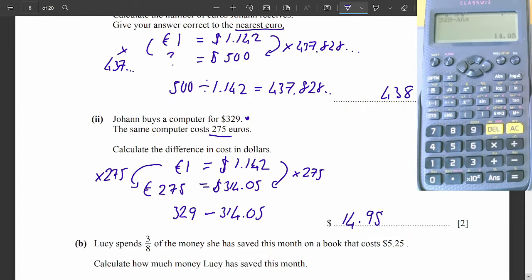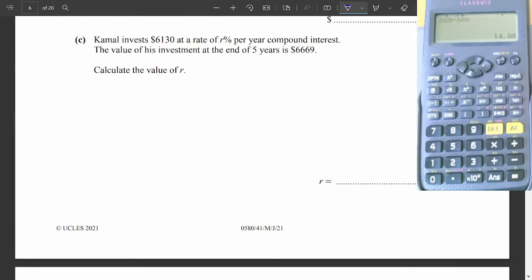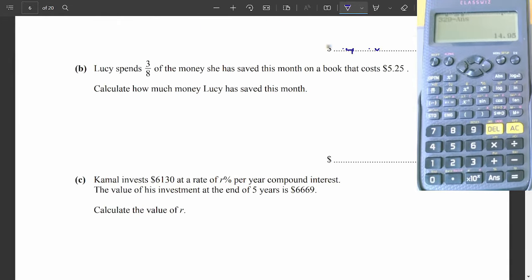Okay, now comes Lucy. Lucy spends 3/8 of the money she has saved this month on a book that cost $5.25. Calculate how much money Lucy has saved this month. Let's think of this in terms of pizza. There's a pizza.